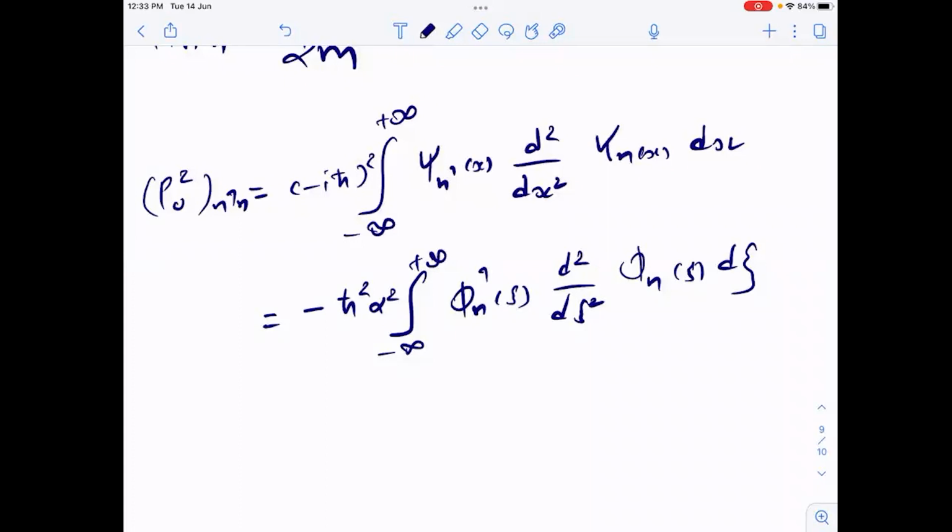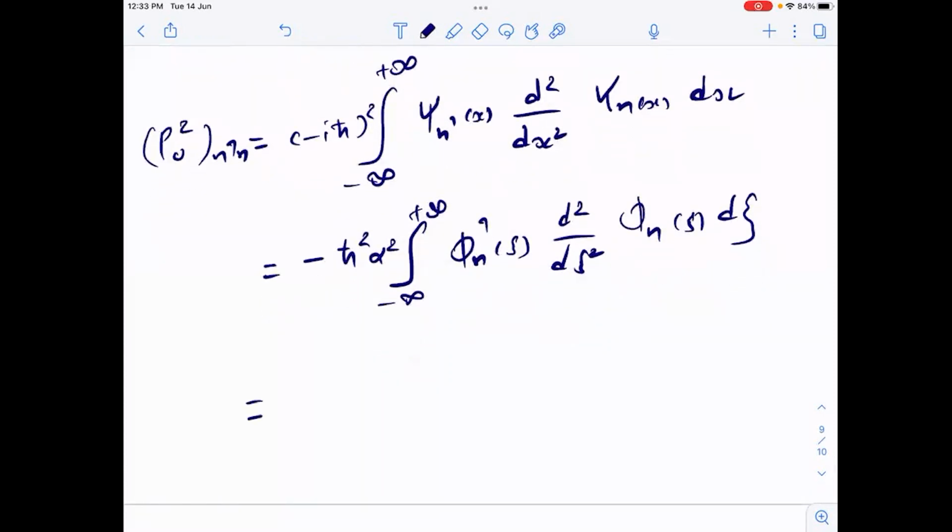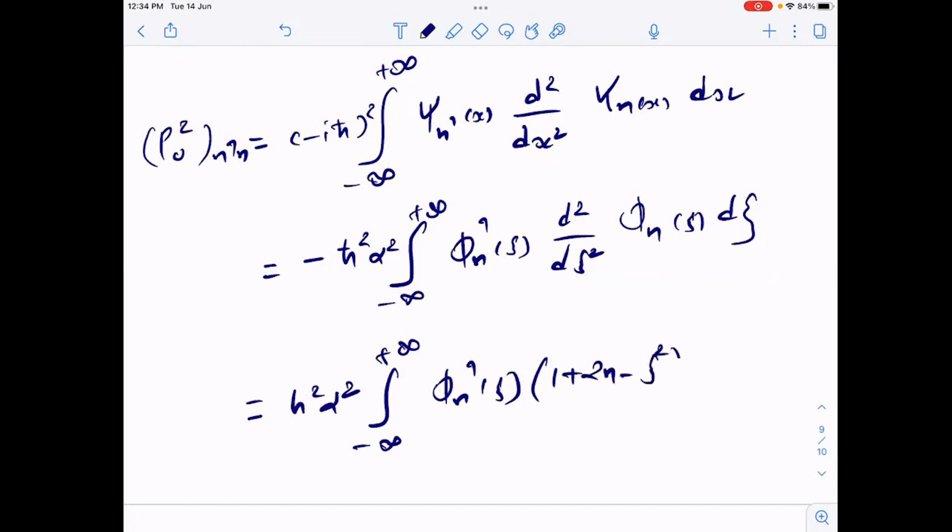Now remember the relation with Hermite's orthogonal function, right? So I will use that. It transforms this equation into h cut square alpha square integral from minus infinity to plus infinity, I'm getting rid of the minus sign, right? Phi n dash chi, this turns out to be 1 plus 2n minus chi square.